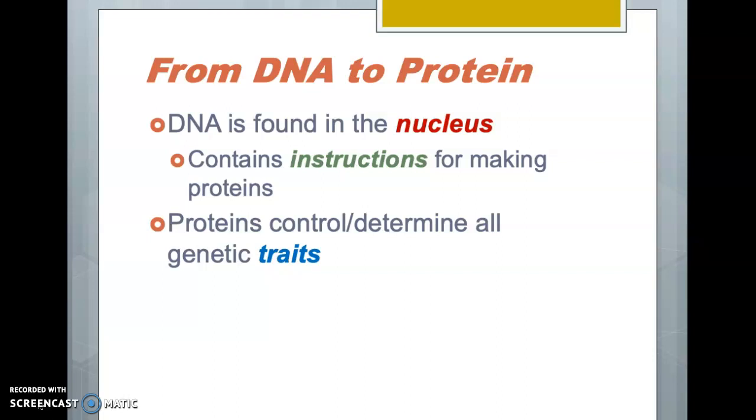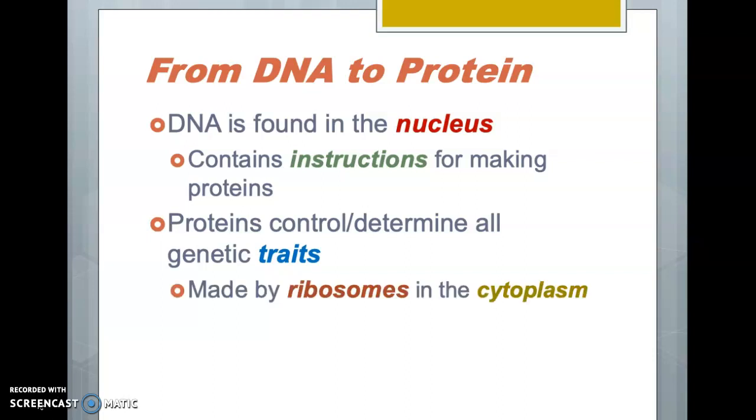That DNA has to be converted into proteins because it's the proteins that determine your traits like hair color and eye color and height and weight. And for plants, flower color and how the leaves are attached to the stem. And for a mosquito, how long its wings are and how long its little pokey thing is, its proboscis.